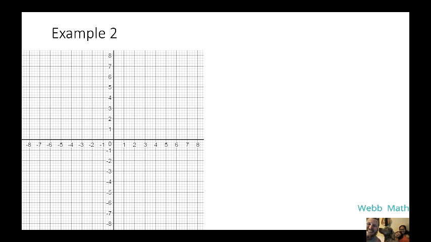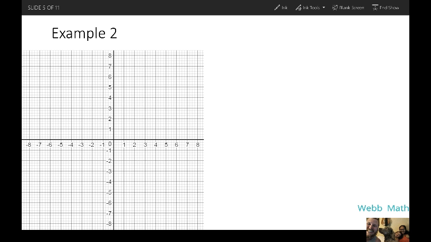Now, in example 2, I can go ahead and show you one that is not similar. Okay? So, let's go ahead and start with a triangle. Okay, we're going to start with, let's say, yeah, let's start with a triangle.